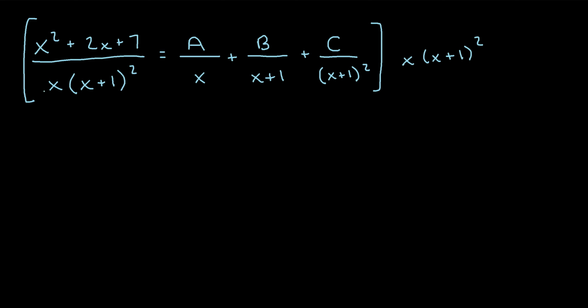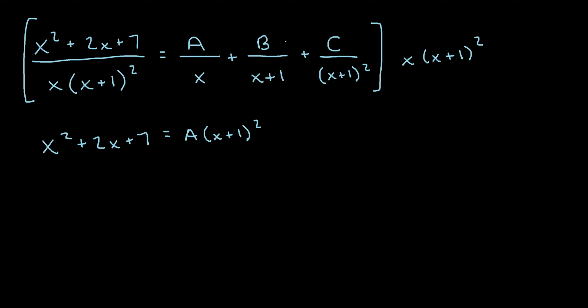When we multiply this first fraction by this common denominator, this whole denominator will cancel out, and we'll be left with x squared plus 2x plus 7 is equal to, now when we multiply a over x by this expression, the x's will cancel out and we'll be left with a times x plus 1 squared.